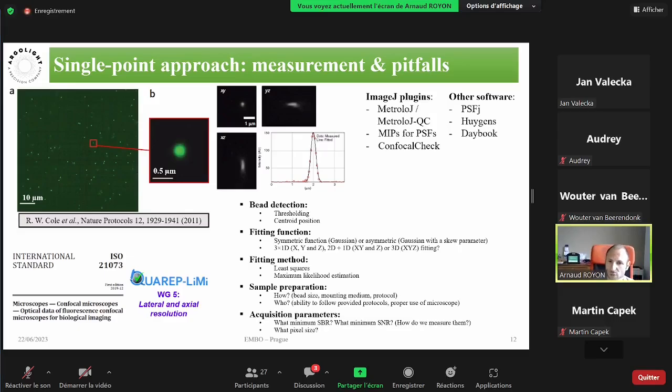And finally, the acquisition parameters are also very important to get accurate measurements of the full width at half maximum of the PSF. For example, the signal to background ratio is of importance, and of course, the pixel size as well is very important.